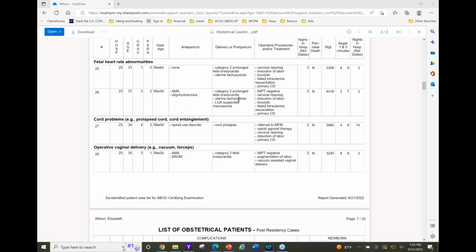Okay, so in this particular case, you had the bradycardia, and that led you to do a cesarean delivery. Yes. After attempting intrauterine resuscitative measures with lateral position changes and maternal oxygenation, and due to concern for prolonged bradycardia with non-responsive intrauterine resuscitation, that was when the decision was made to proceed with a primary cesarean delivery.